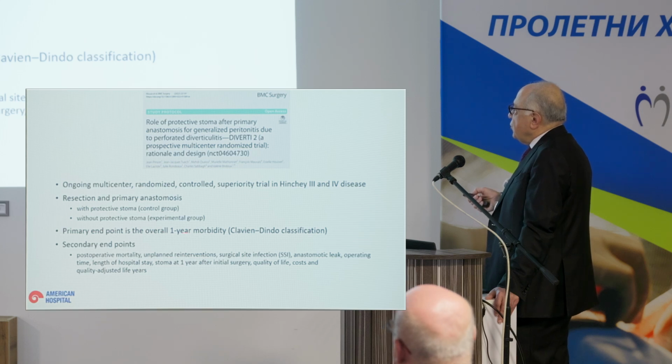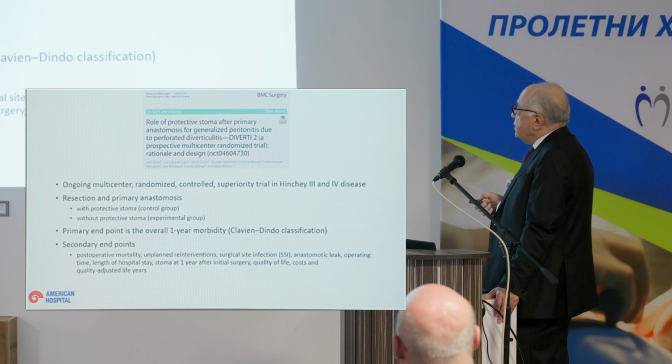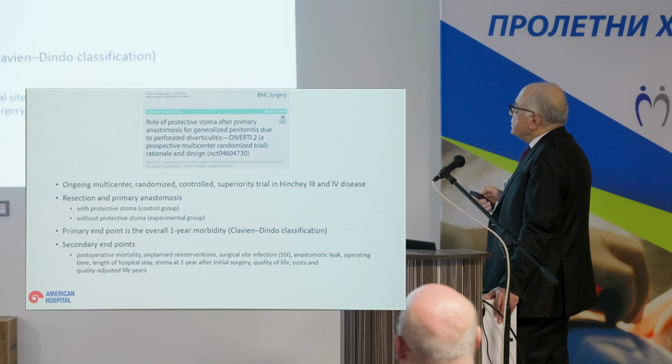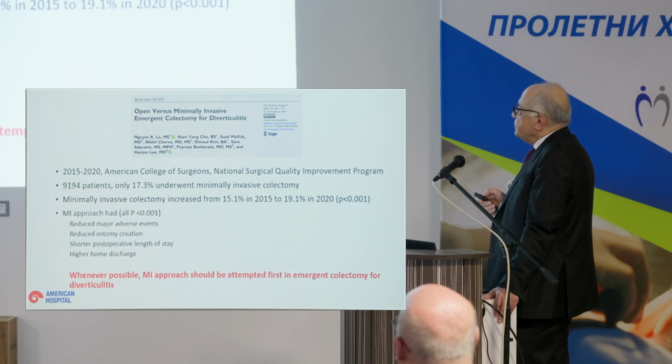The primary endpoint is overall 1-year morbidity. There are a lot of secondary endpoints. And we will have the results, I think, this year or next. This will give us important information about diverting stoma in resection and primary anastomosis in complicated diverticulitis.